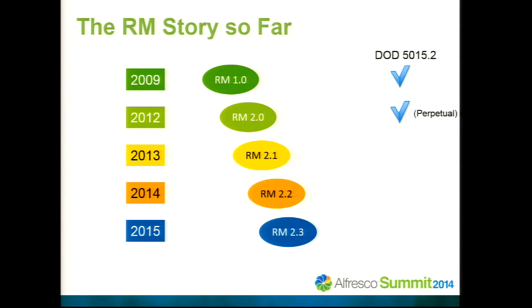We got a perpetual certification on the 2.0 release, which means that we are perpetually certified. And then next year, we may try to get classified certification for the Department of Defense. And I don't know how that really works in Europe very well, if that matters to you or not, but we do have a lot of customers within the Department of Defense in the U.S.